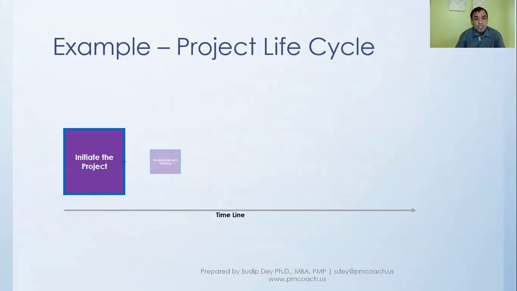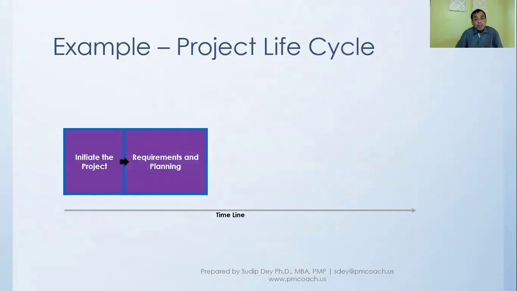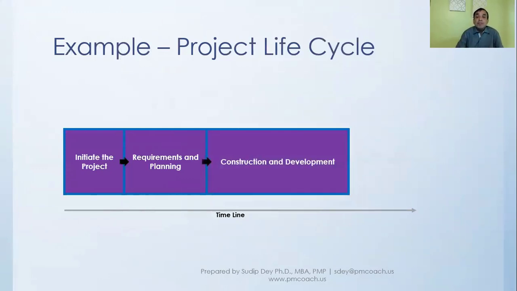After the feasibility study, provided it has been approved, we move into requirements and planning. We plan the schedule, the cost, and the scope, and we gather the requirements. Once this is done, we move to the next phase. Typically, the next phase will be construction and development, which comprises actually designing the system and then developing it, and this is what we call carrying out the work.